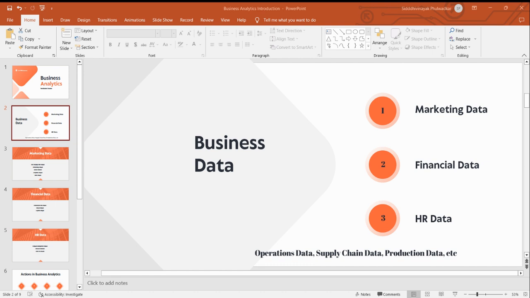From that, marketing, finance, and HR will be your core departments. Each and every department has its own records. For example, if we have performed some marketing activities or sales activities today, that will be termed as marketing data. How much money we have spent, on which platform we have spent, that will be digitally recorded in Excel or in CSV format, and then that can be analyzed in future.